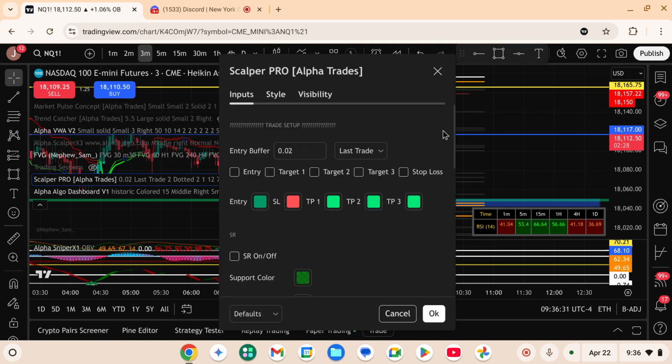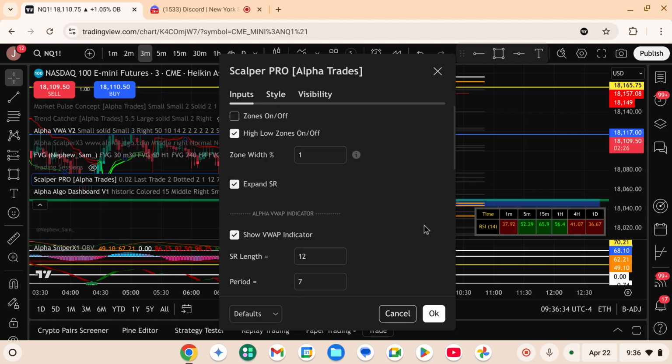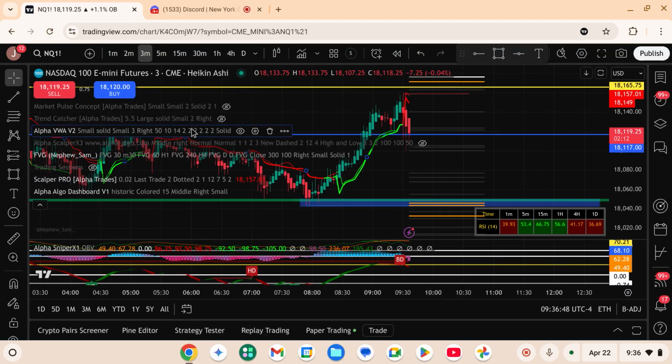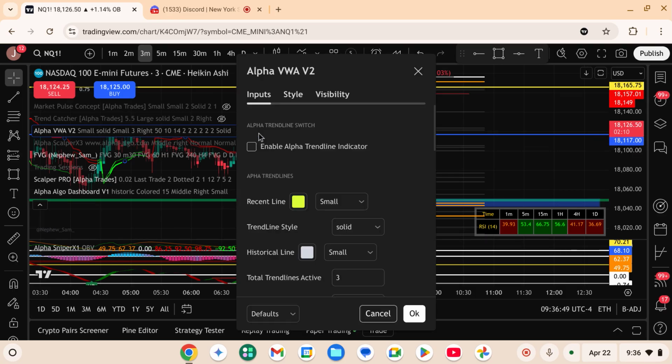So I have short term trend settings right here, and these settings are different compared to these settings.